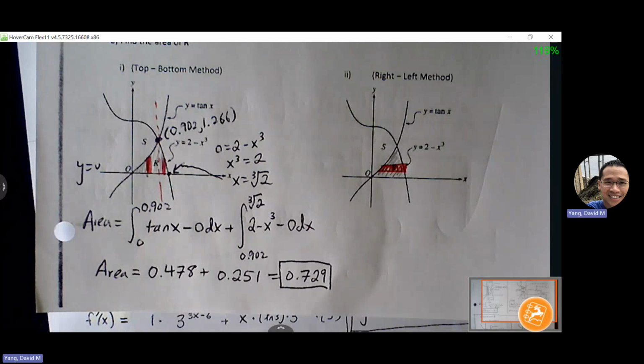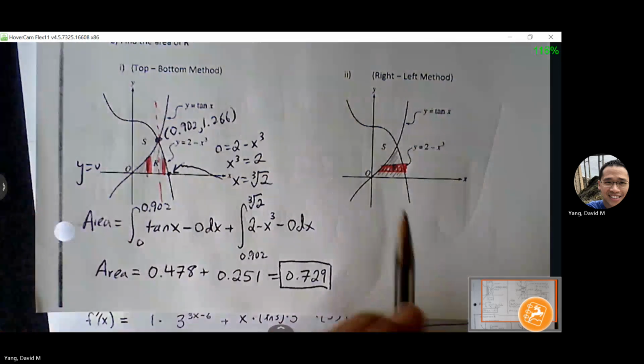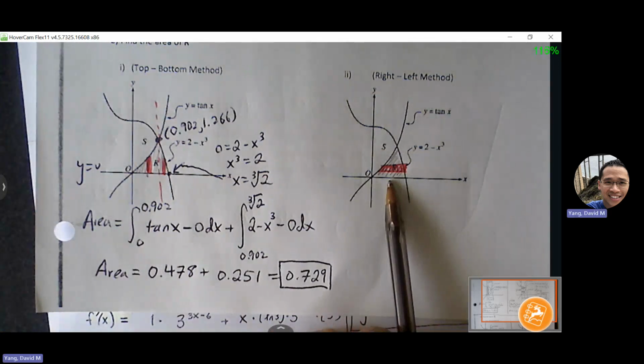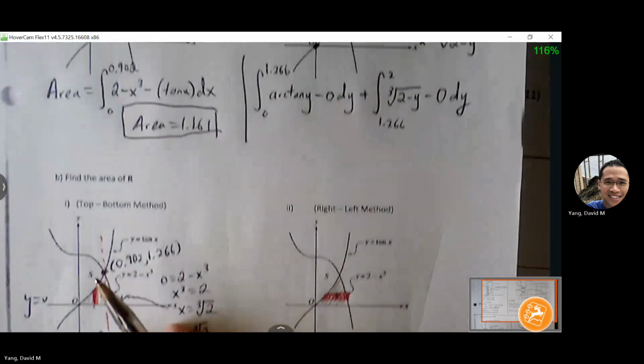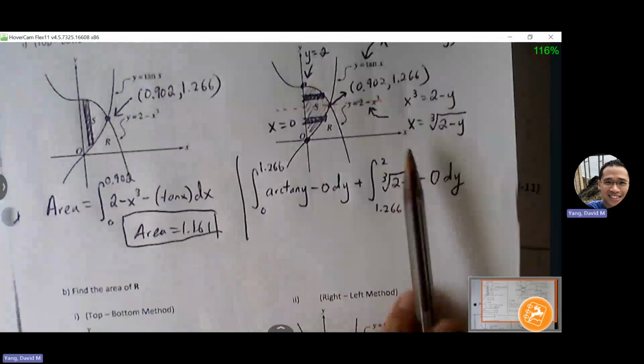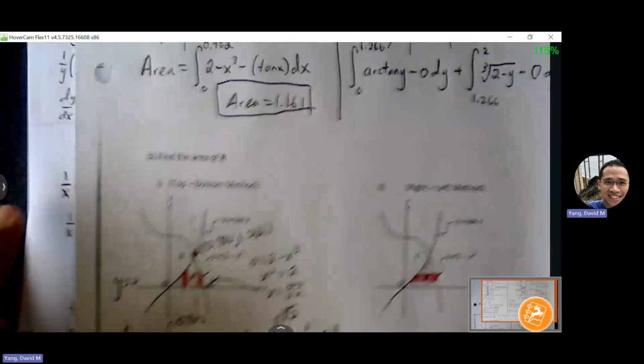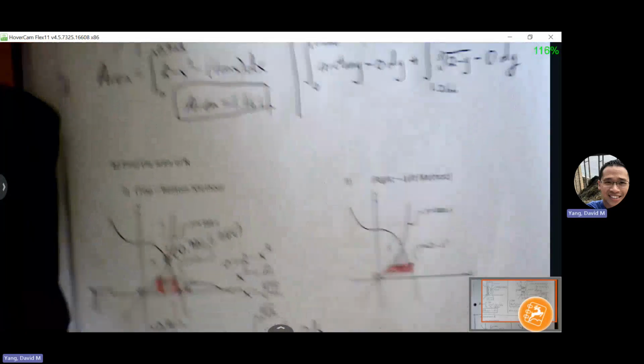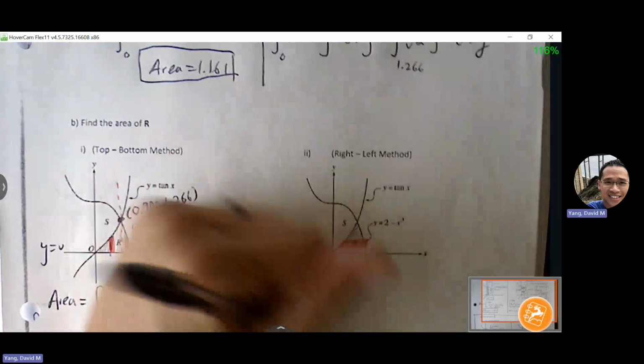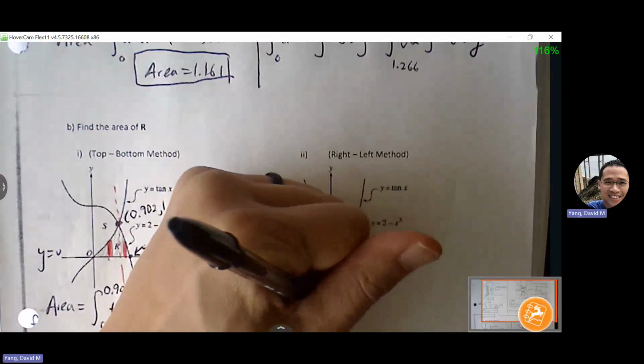There's no sudden change with either the left or the right bound, or the left or right graph of my rectangle. What are my bounds going to be, from 0 to what? 1.266. So this one's going to feel a little cleaner than the one above, and there's only one integral needed here.